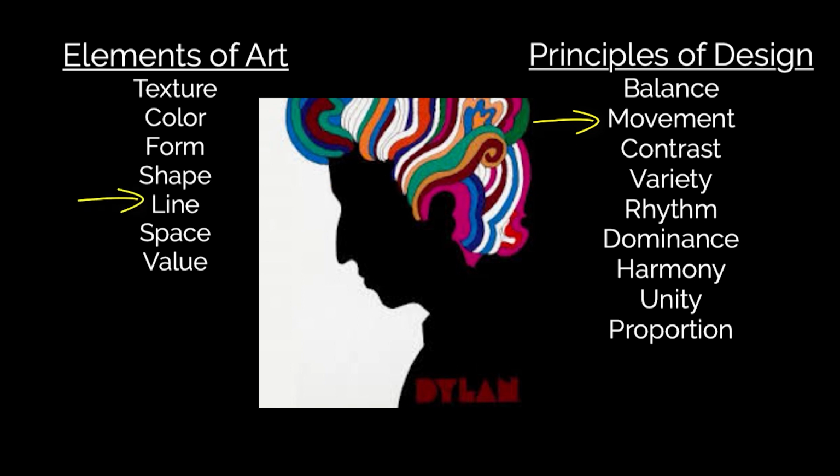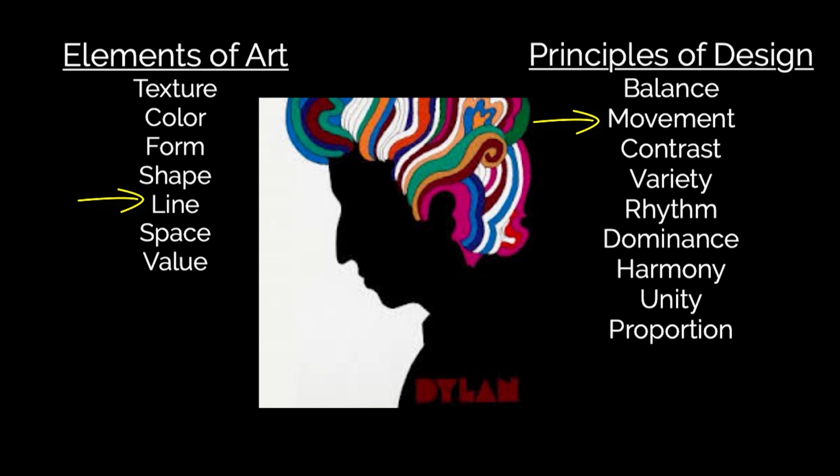The line that you follow through his hair is causing your eye to move from the center of the piece to the upper right hand side, I would say typically, or really to move all around the piece. So I'm going to take both of those pieces and then explain why and what it's doing.